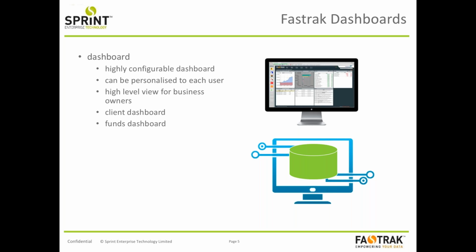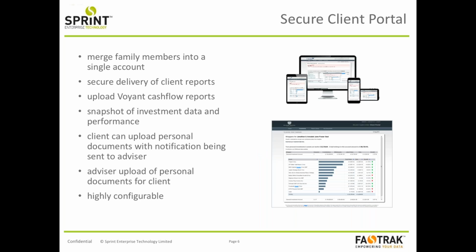The other thing we give you is a secure client portal. For those of you that don't have a client portal from your back office supplier, we can provide you with a secure client portal. And the big advantage here is that within Fastrak we can merge family members into a single account. At the moment you might have a Mr. and Mrs., some trust, a SIPP, and other family members.